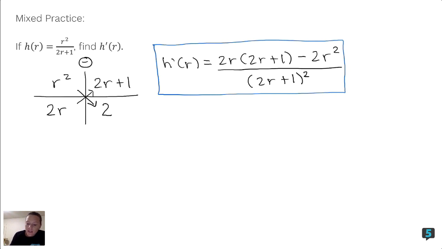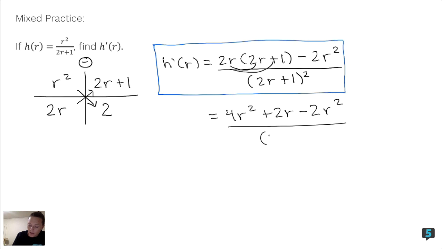In an example like this, where your teacher might want some minimal simplification, we could go ahead and distribute and get 4r squared plus 2r minus 2r squared over that quantity 2r plus 1 squared. We'd have some like terms now that we can combine. That 4r squared minus 2r squared in the numerator would give me a 2r squared, and I still have the plus 2r over that quantity 2r plus 1 squared.